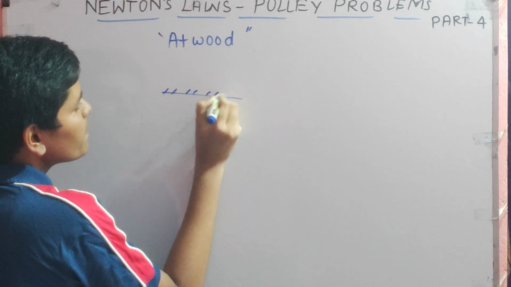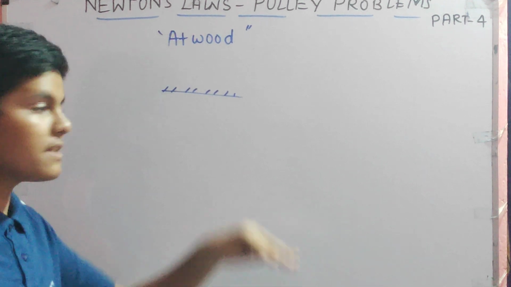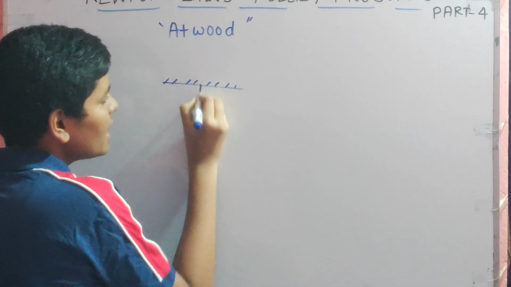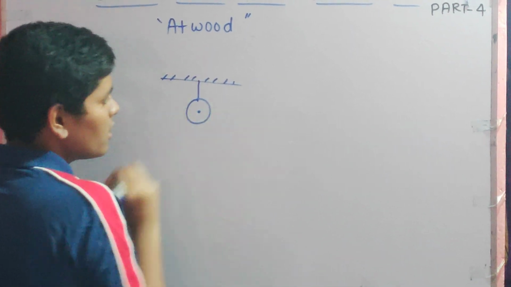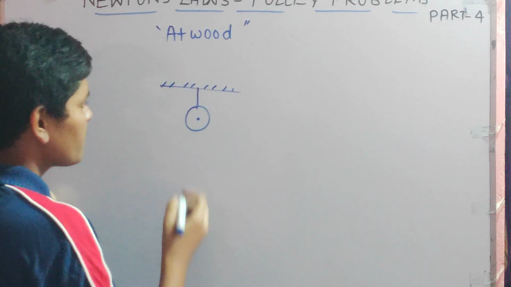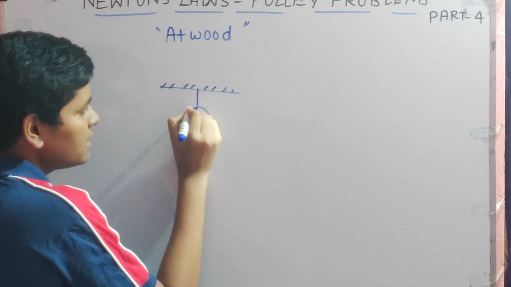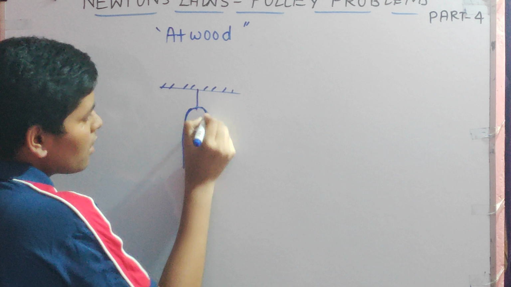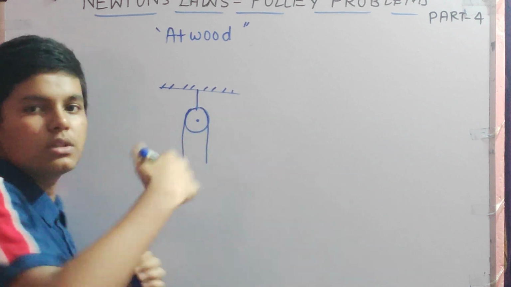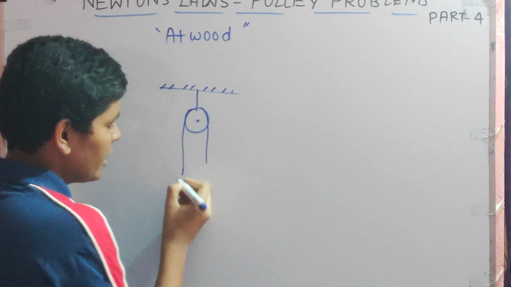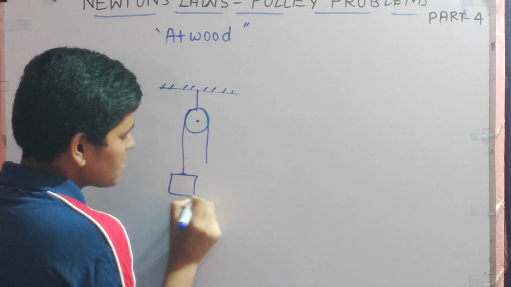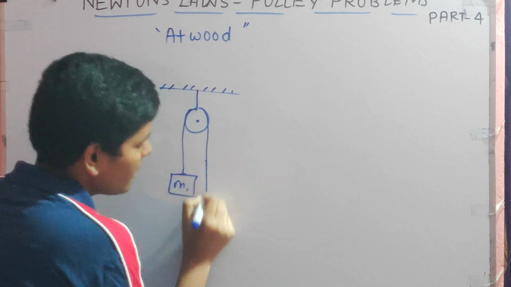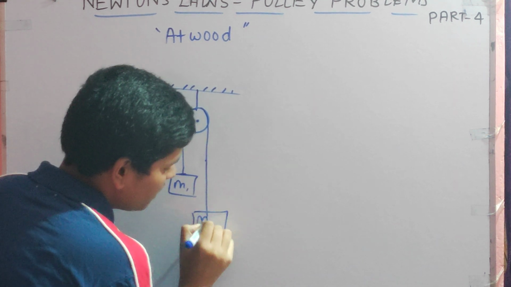Imagine this is a rigid surface. Rigid surface is a fixed surface. From there you have a bell-like thing, like it's rolled, and here there is a rope which is rolled around the bell. This is called a pulley, and here there is a mass M1 and here there will be a mass M2.